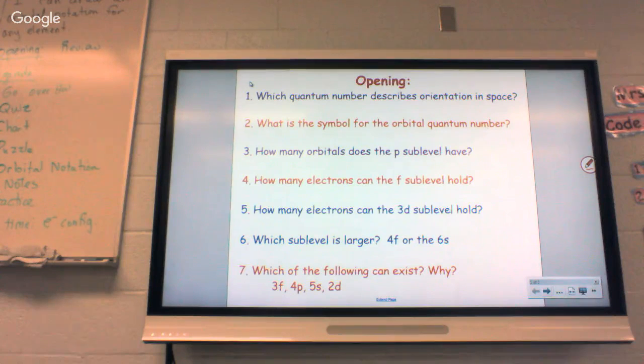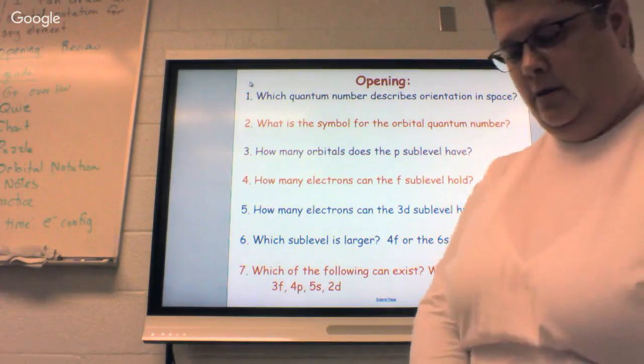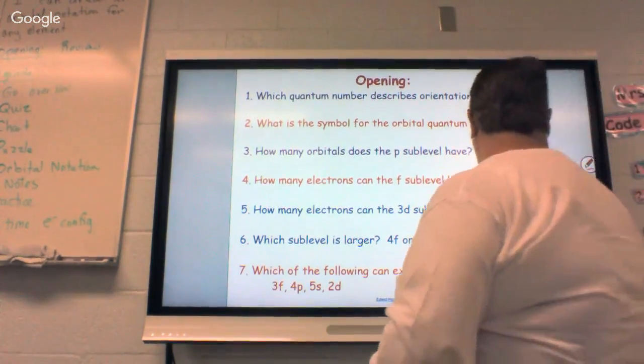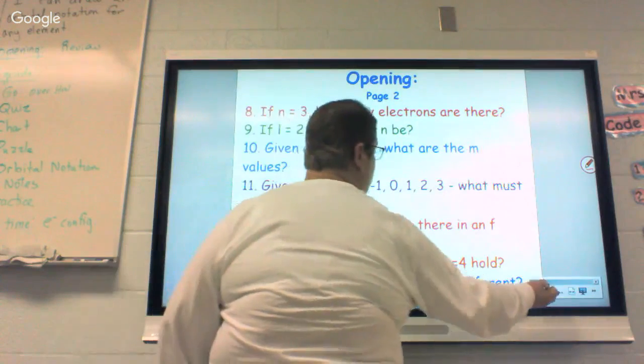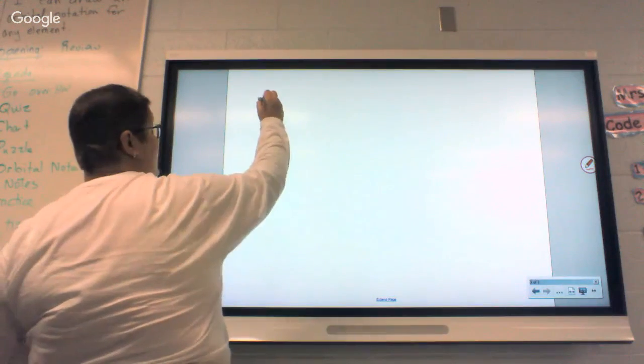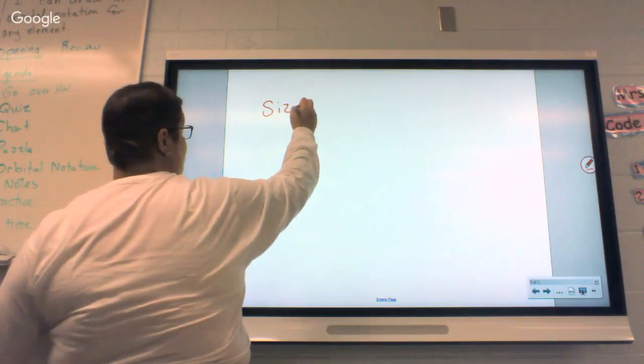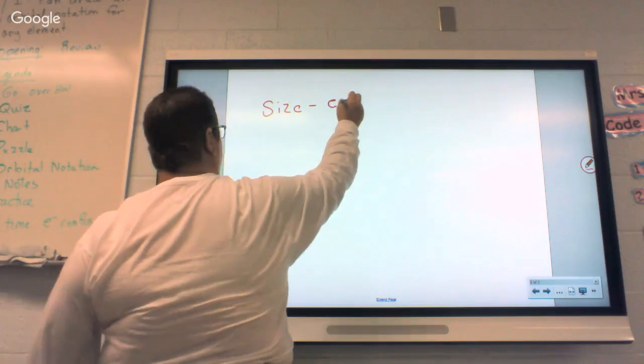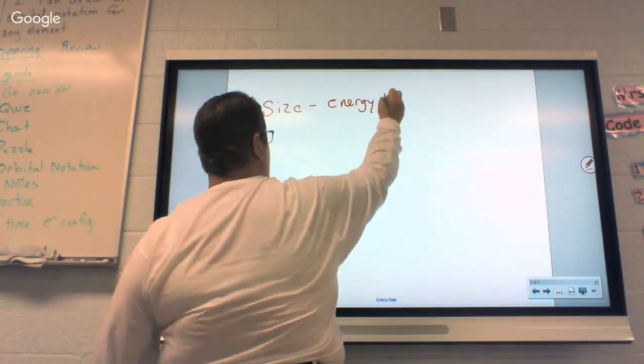A 4F or a 6F? All right. Remember, when you're talking about size, what did we say told size yesterday? What told size yesterday? The energy level, right?